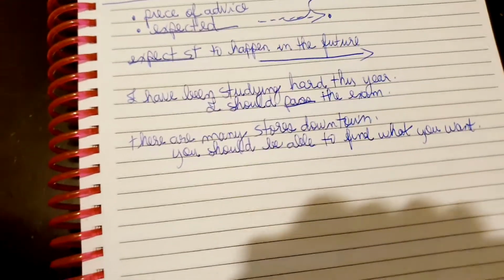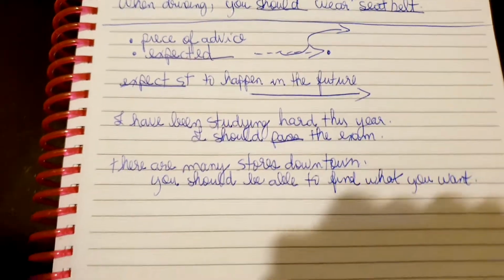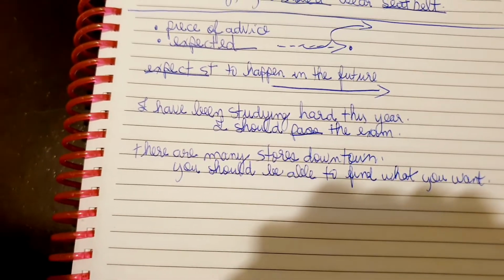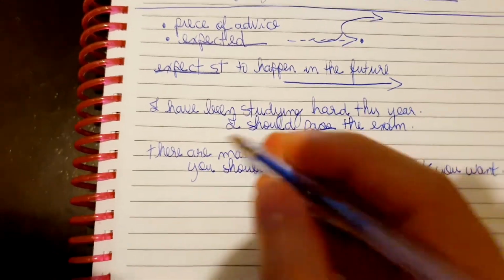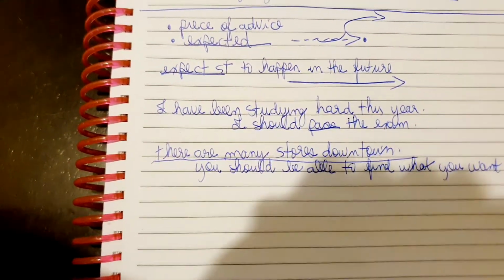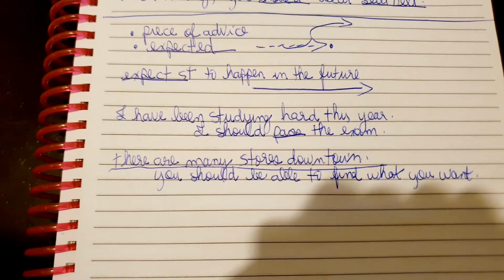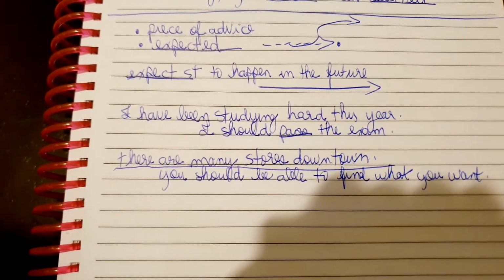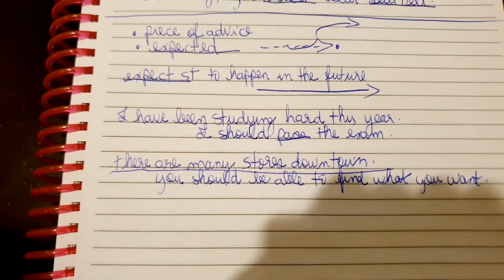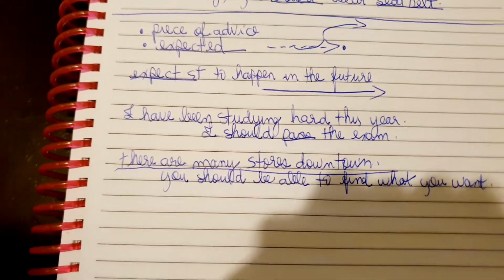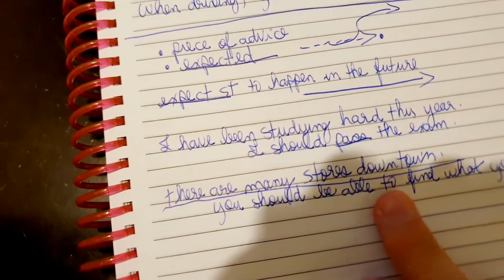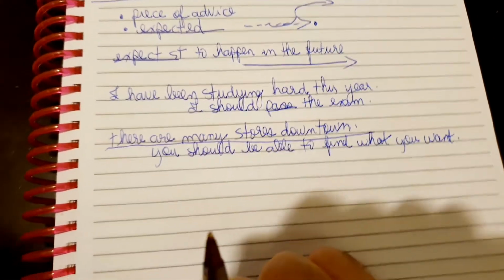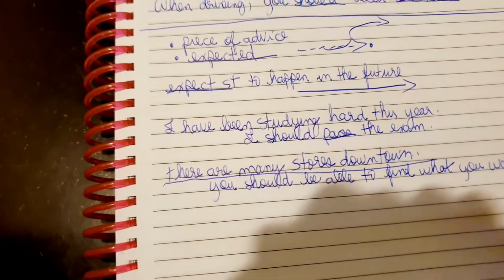Okay, there is a variety of stores downtown, so it's not difficult to find what you need, right? So if you have many options, the probability of you finding what you intended originally is very high. So you expect something to happen. You don't expect it to be difficult. So you should be able to find what you wanted, right? What you have envisioned to happen.